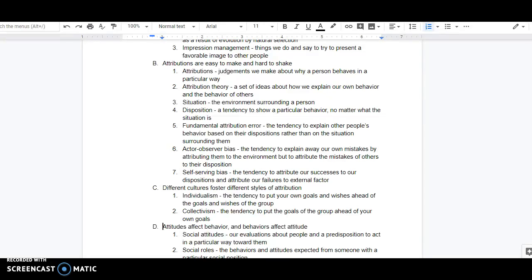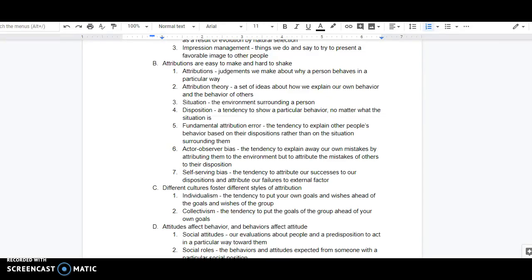We may say that anyone would have acted the same in that situation. Or we could blame it on a person's disposition. Behavioral traits specific to an individual, such as personality, can play a role in behavior.